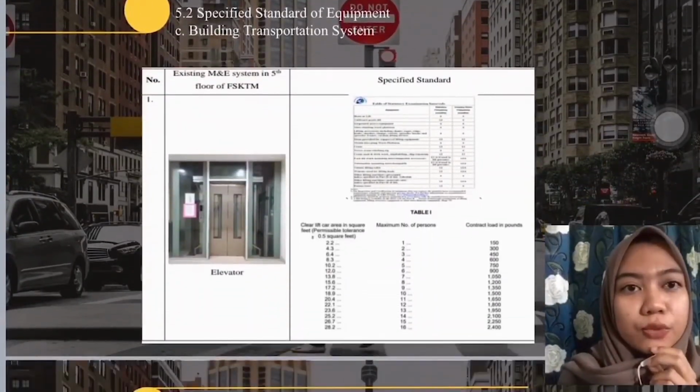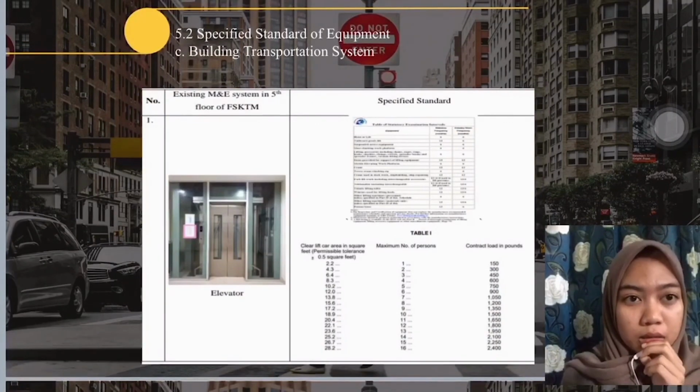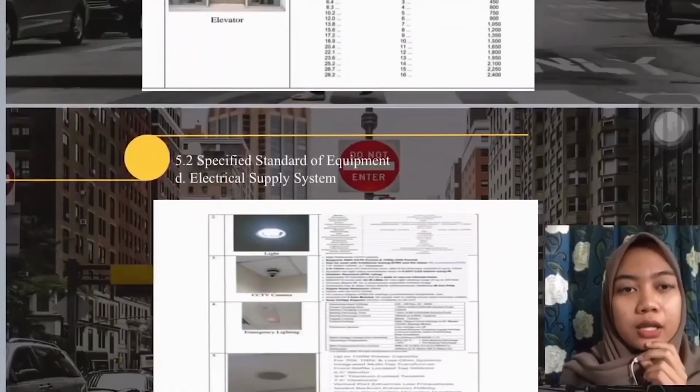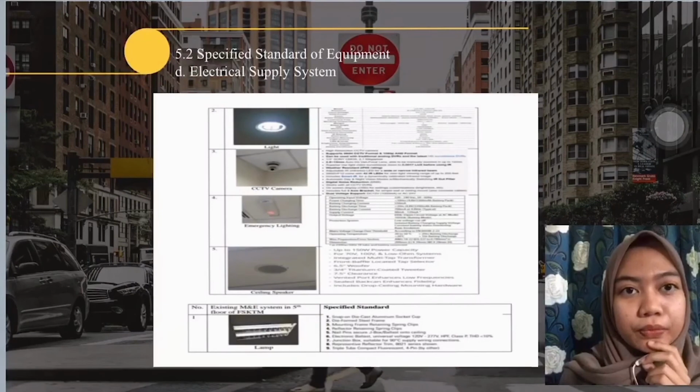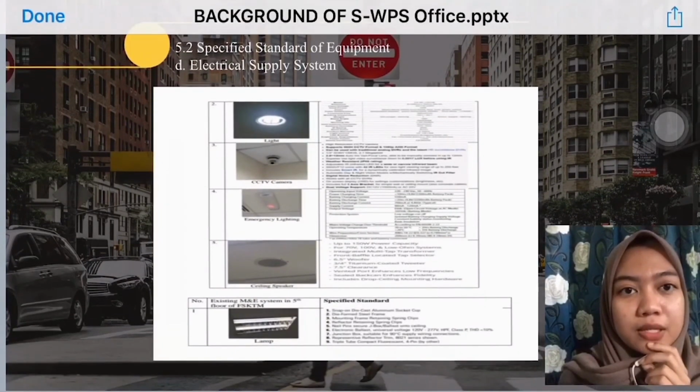Next, for the building transportation system, they have an elevator. For the electrical supply system, it has lamp, light, CCTV, heat detector, and speaker.